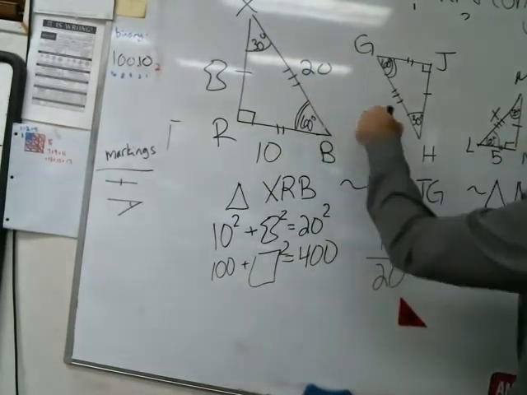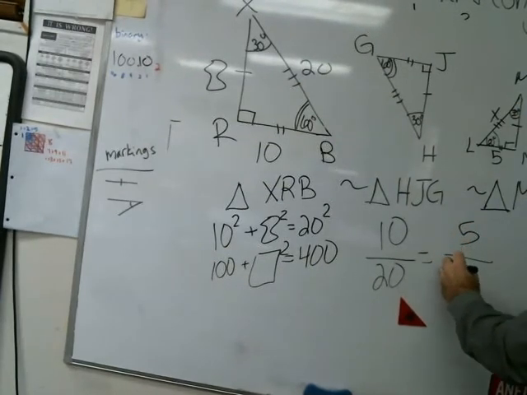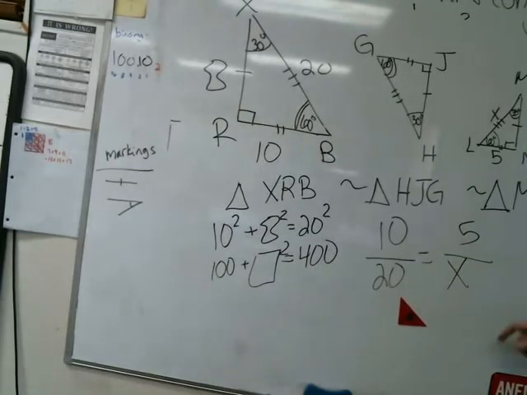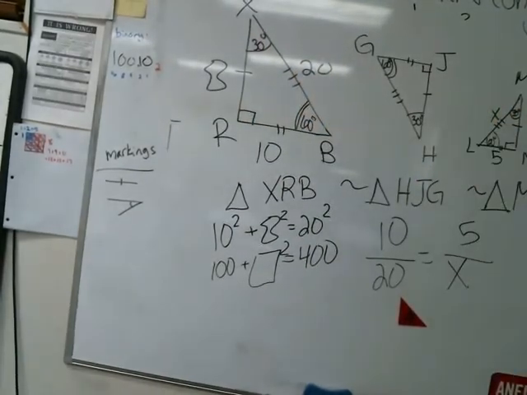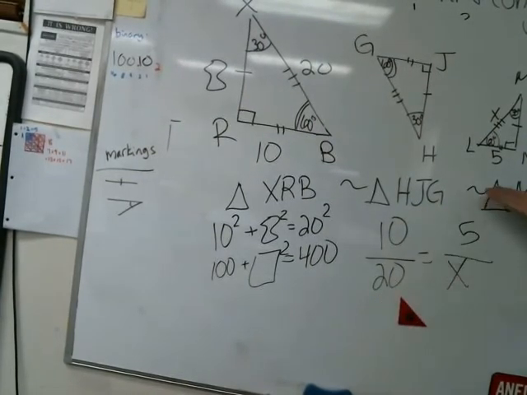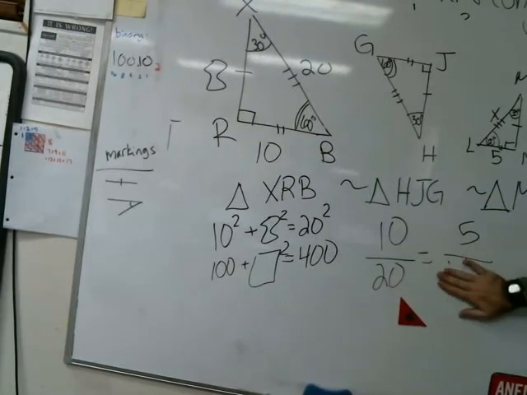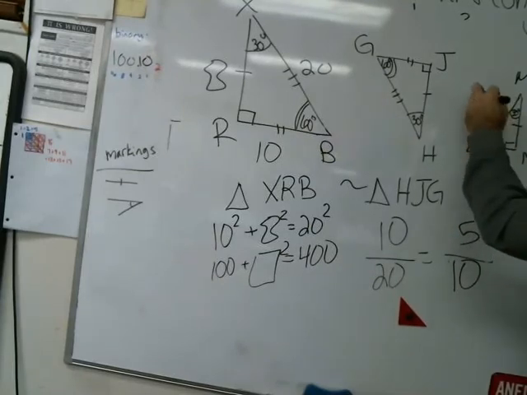This side is to this side, as 5 is to x. 10 is to 20, as 5 is to x, because those are the corresponding sides. This is a ratio of 1 to 2. This has to be the same ratio. X is going to be 10. And I can solve for this missing part.